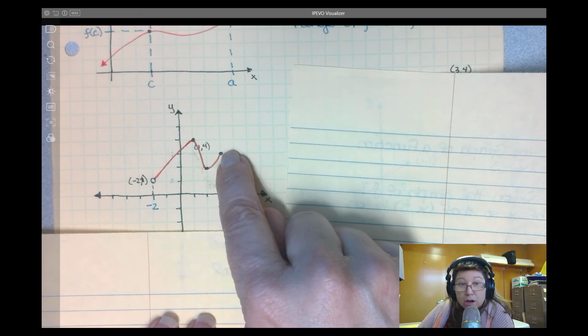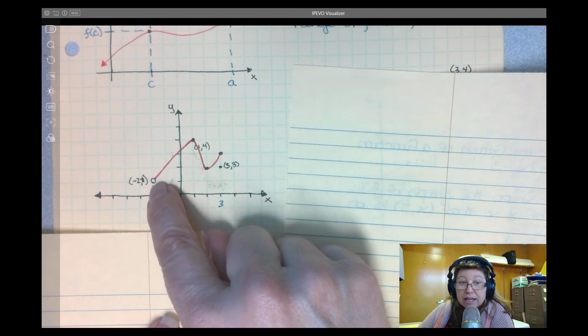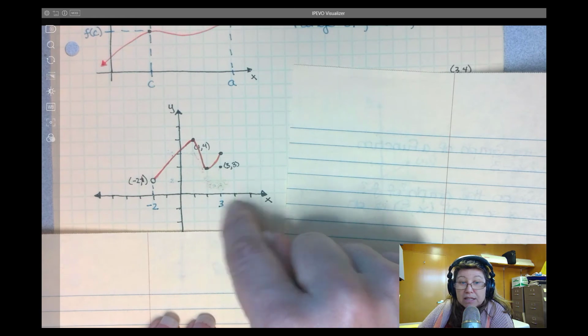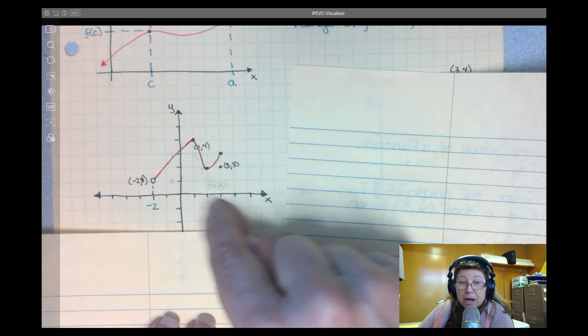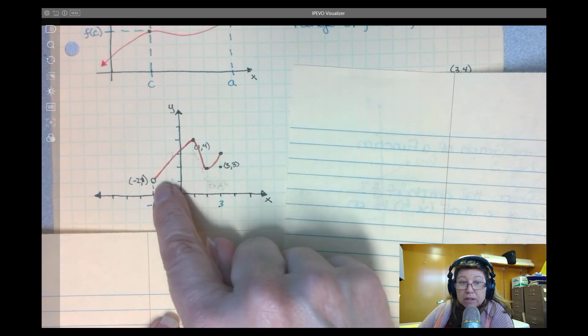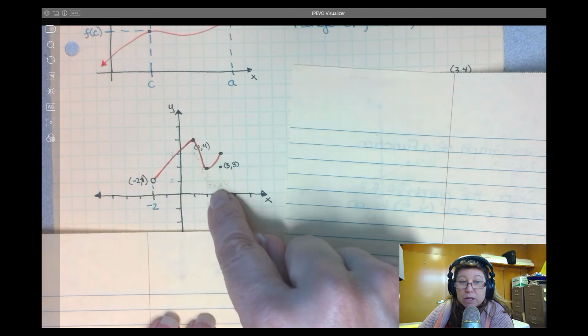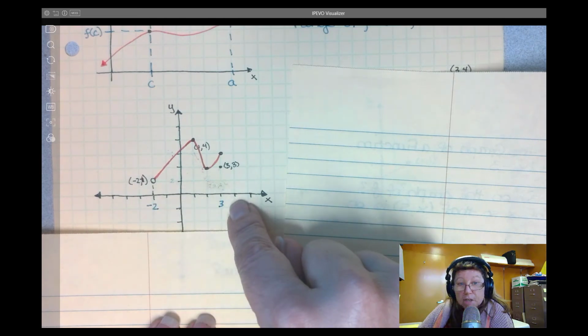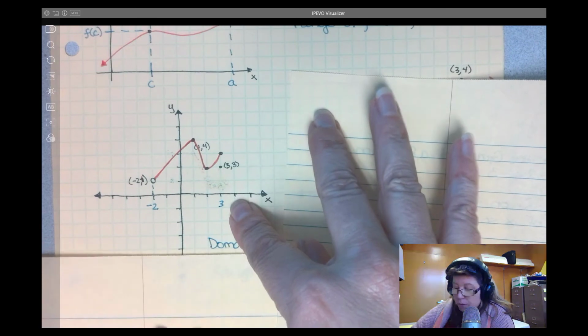Now, our domain is all the x's that it can be. It starts out at negative 2 and goes as high as 3, but it doesn't go beyond 3. I know there's some loop-de-doo there, but we are allowed to go from negative 2 to 3. Therefore our domain is negative 2, but not including it because there's an open dot, up to 3, including the 3, because it's a closed dot.